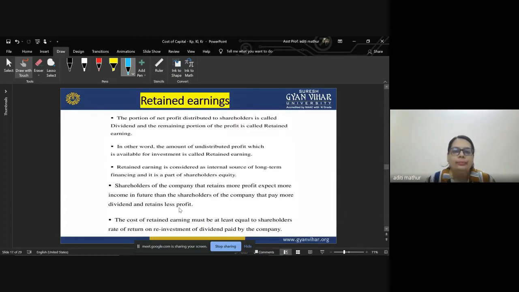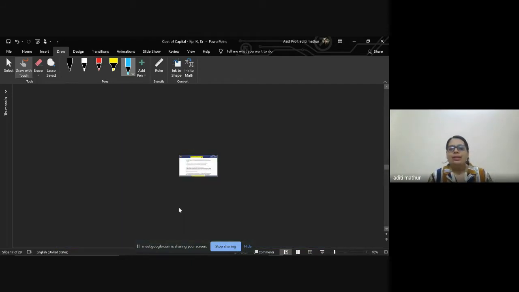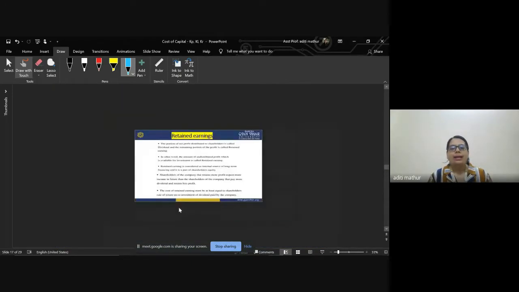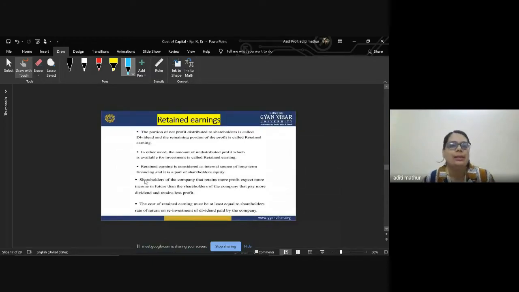So now let us understand what we mean by retained earnings. The portion of net profit distributed to shareholders is known as dividend, and the remaining portion of the profit is called retained earnings. In other words, the amount of undistributed profits which is available for investment is called retained earnings. So let us take a small example and understand what retained earnings are.